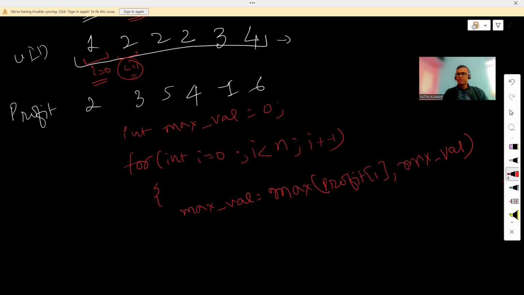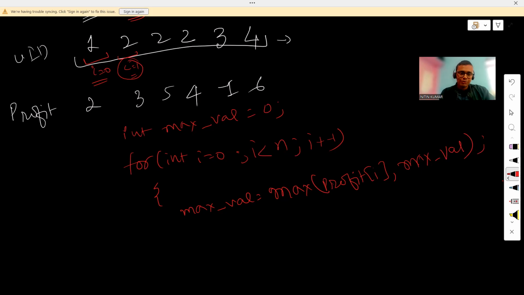I hope you understood this. Our max value is initially 0. That means if this value is -2, then this -2 won't be taken, because our minimum value is 0. Whatever the case, negative values won't be taken by this code because we are taking the maximum of both of them. If this is positive, then we take it, but if it is negative, then we don't need to take that.